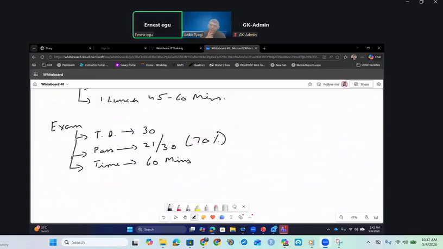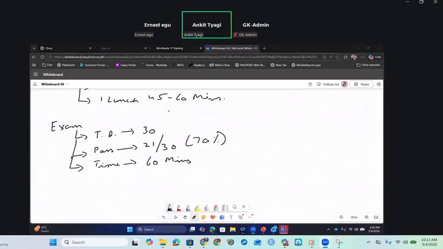Within those 60 minutes, we have to answer all the 30 questions. Once we answer these 30 questions, they would evaluate us, see if we have scored at least 21, and give us the result as to whether we have passed or failed the exam.